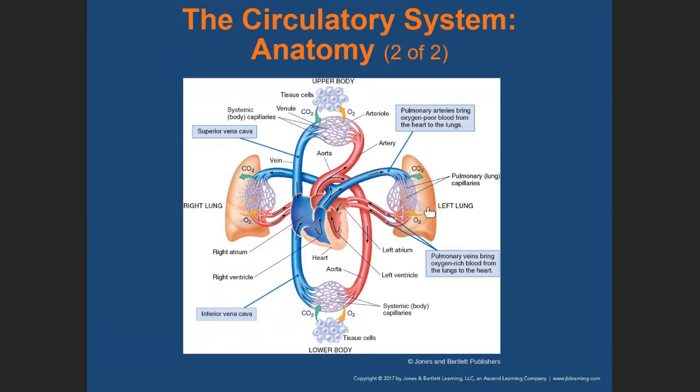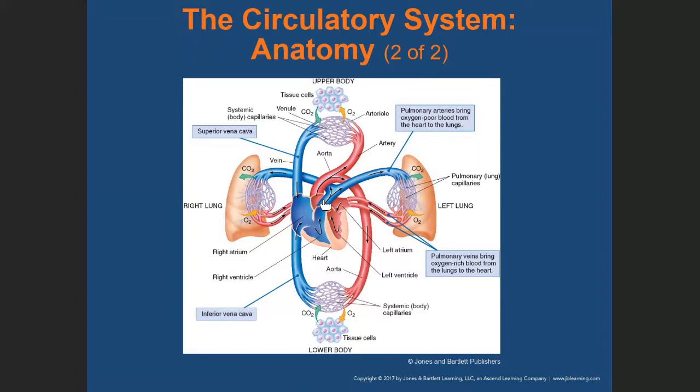On the oxygenated side of the pulmonary capillaries, they will form the pulmonary venules. Then the pulmonary venules will form the pulmonary veins. The pulmonary veins will now transport this oxygenated blood to the left atrium.